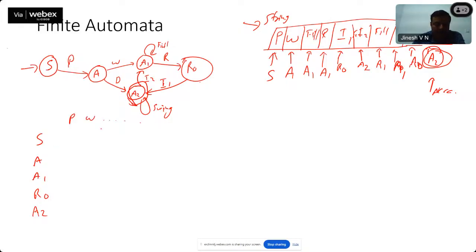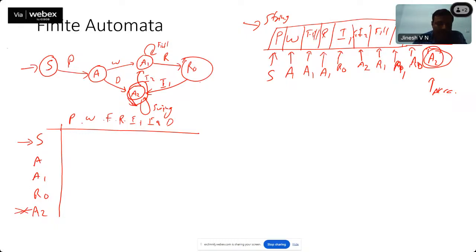With respect to each state, then R, I1, I2, D. All these are our instruction alphabet, input alphabets. Then which is the start state? S is the start state, and the final state A2 will be represented with a star symbol.